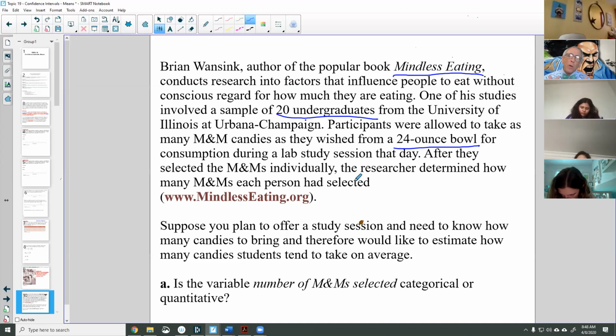If you know about how many M&Ms a student tends to take on average, and you know how many students are coming to your study session, then you should be able to figure out about how many M&Ms you need. Does that make sense to everybody? Very practical problem to know how many M&Ms to buy.